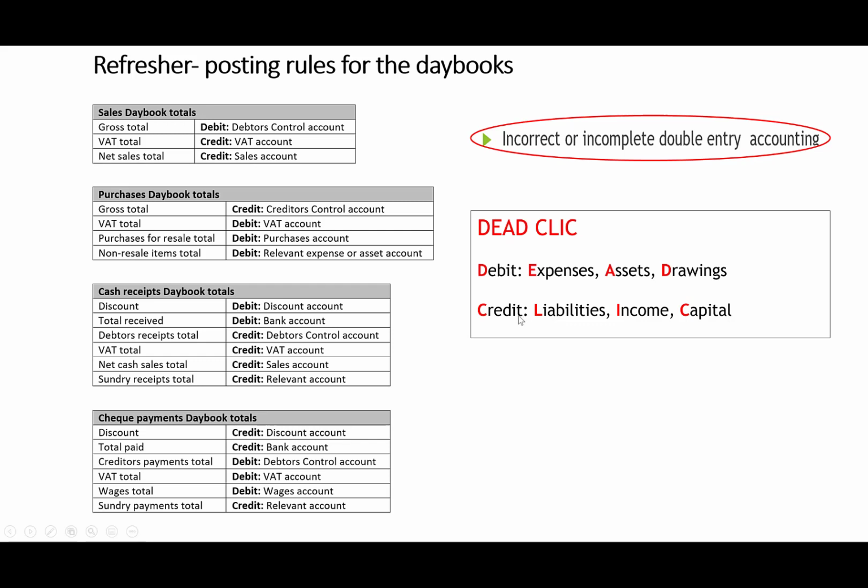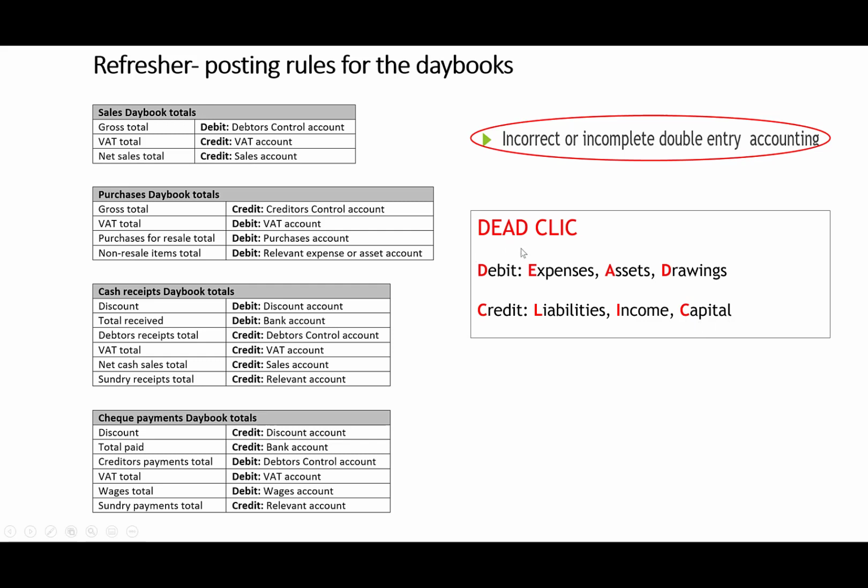So I will credit the liability account, credit suppliers or credit creditors account. If I make a sale, that represents income, so I will credit the sales account. So extra income will need to go on the credit side. And if I introduce capital into my business, that will be credit to the capital account.